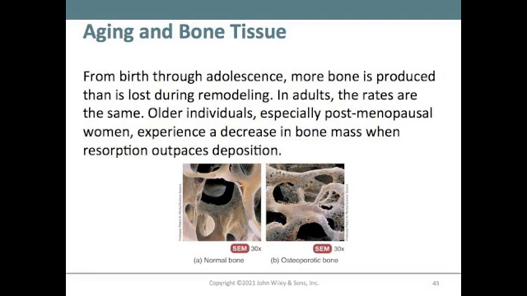So we see normal bone, see how it's a little bit dense. And then when we see the osteoporotic bone, see how there's kind of these voids in the bone. There's reasons that women are more likely to have osteoporosis than men. The male sex hormone testosterone gives the male the ability to create more muscle and bone mass.